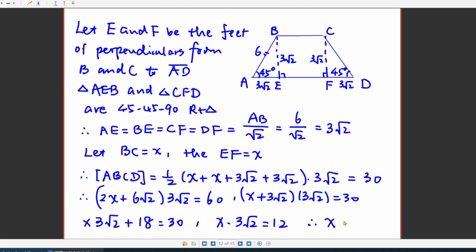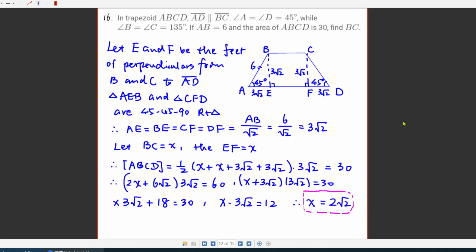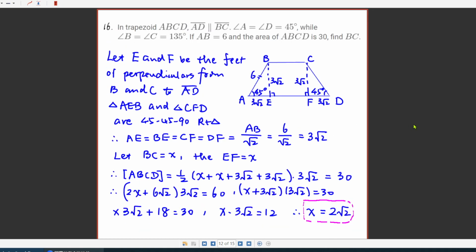And then we know x equals 2 square root 2, right? So the final solution is BC equals 2 square root 2.